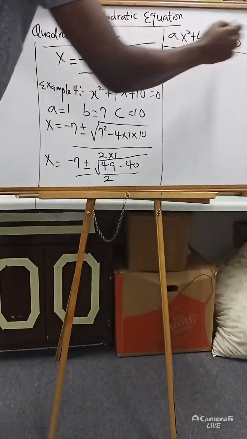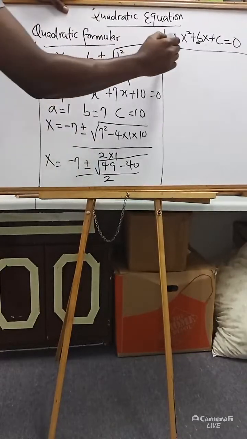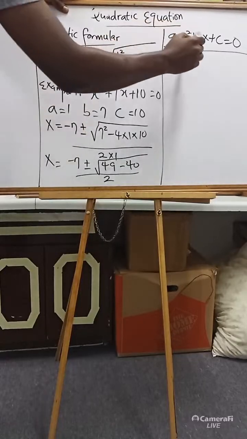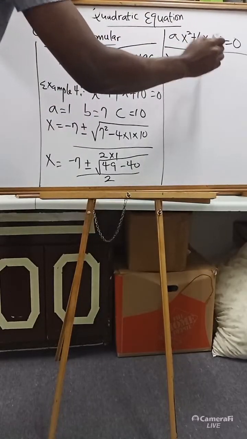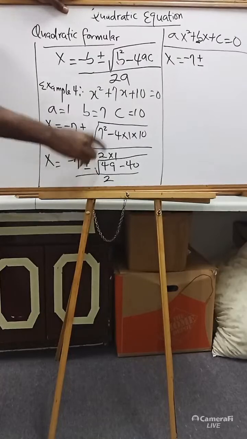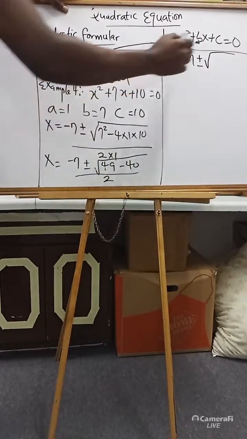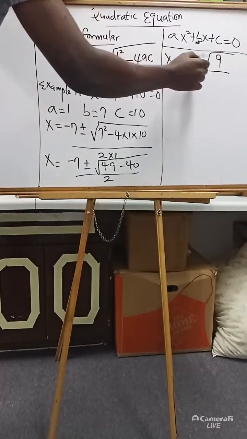So continuing from this, I have that x equals negative 7 plus or minus square root of 49 minus 40, which is going to give 9, over 2.